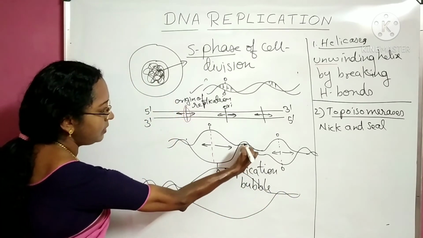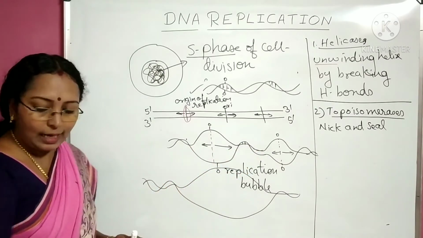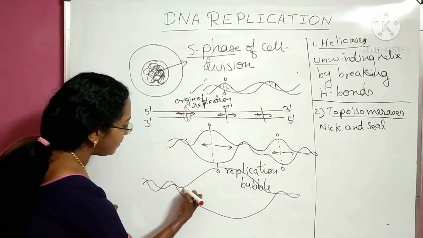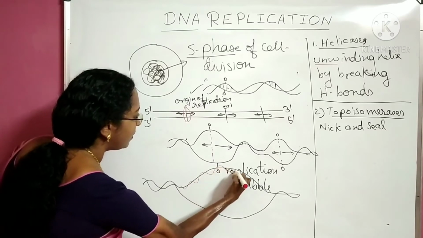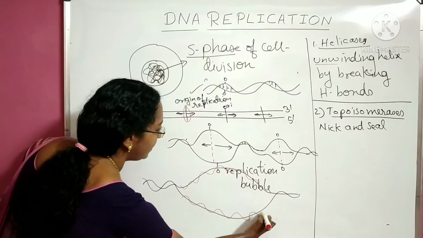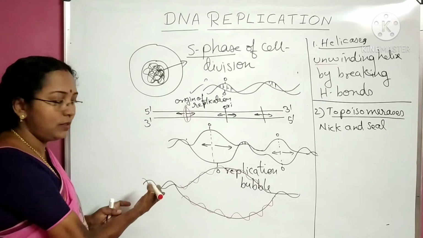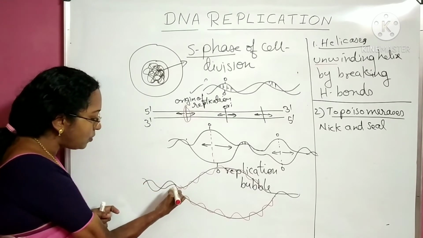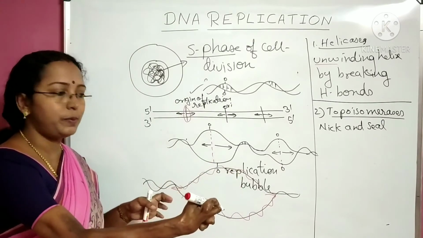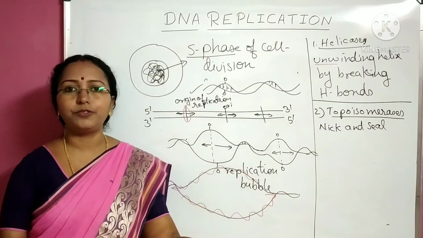As it is proceeding, here also hydrogen bonds will be broken and this will form a big bubble, and as this bubble is getting bigger and bigger, new DNA strand will be formed according to the complementarity. As it is proceeding towards the two ends, from the open end towards the closed end, ultimately you will get two new DNA molecules, as I have told you.